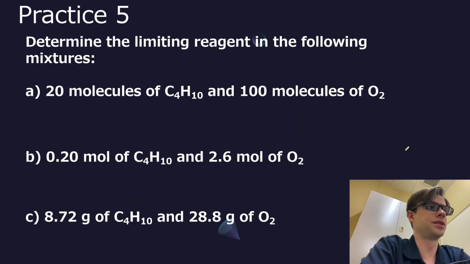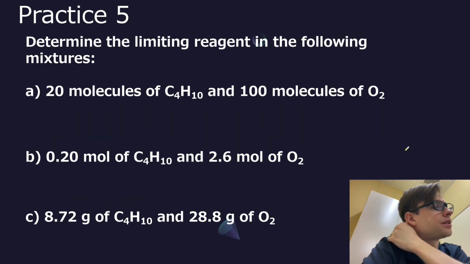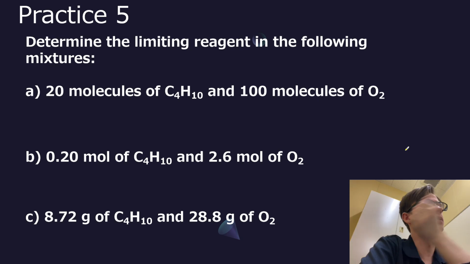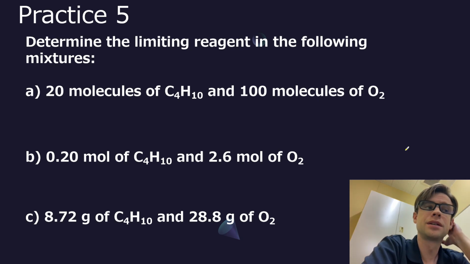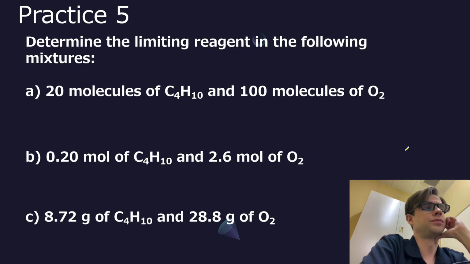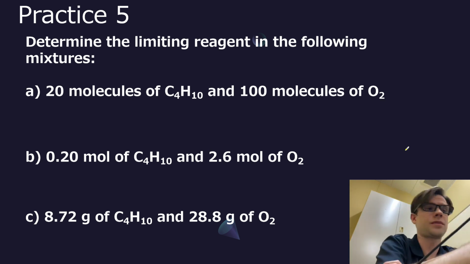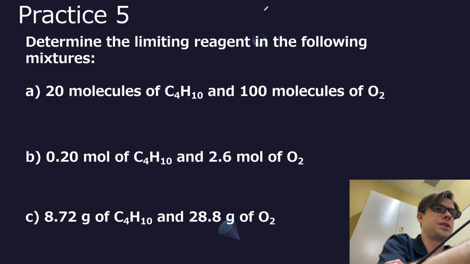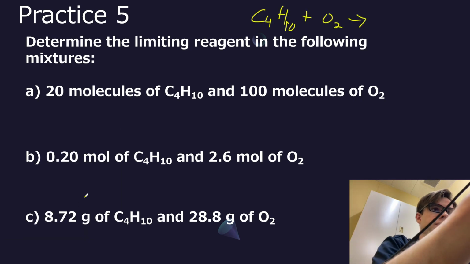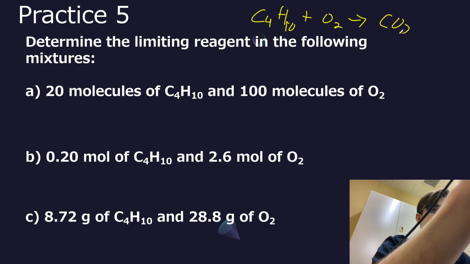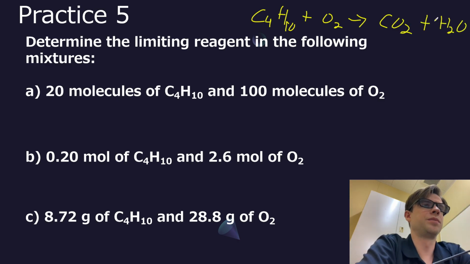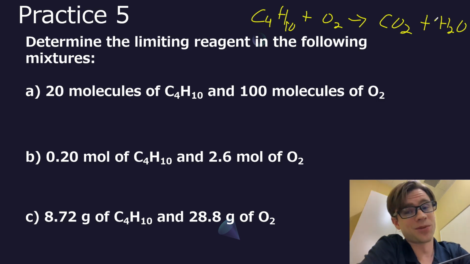Determine the limiting reagent in the following mixtures. So they're all C4H10, that's butane, with O2. So these will all have the same balanced chemical equation. C4H10 plus O2 goes to CO2 and water. Now, this is a bit tricky to balance. I'm going to balance it with no fractions just because I don't like fractions in my fractions later.